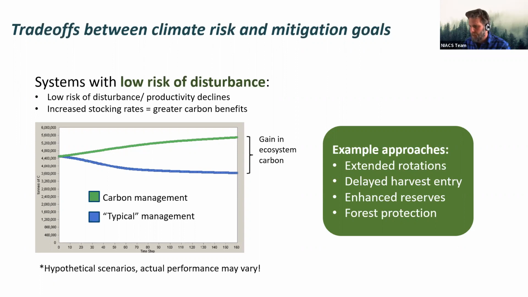A carbon management action, such as an extended rotation, would give you an increase in carbon compared to a business as usual or typical management scenario. And this is being used, and this is good. This makes a lot of sense for systems where you're not really concerned about things like hemlock woolly adelgid.